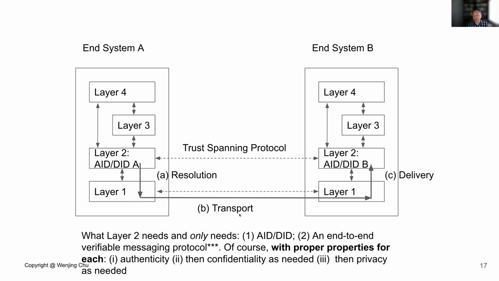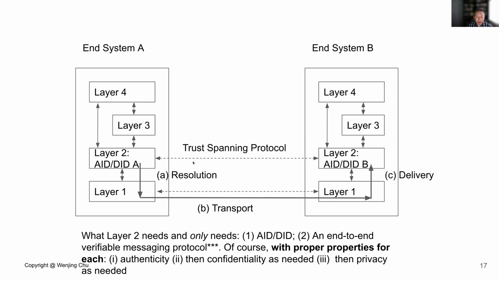If it's HTTP, that will be your URL. If it's the IP layer, it will be an IP address, for example. So everything eventually reaches an address that is available on the internet. And from there, it can be delivered on the other side to end system B. And end system B then needs to be able to deliver up the stack to the resolved party. Essentially, that would be the DID B, right?